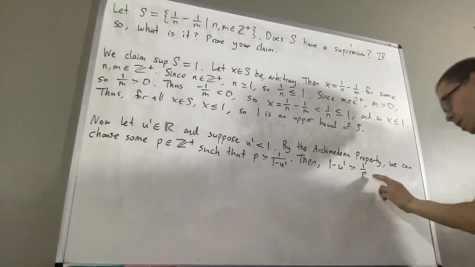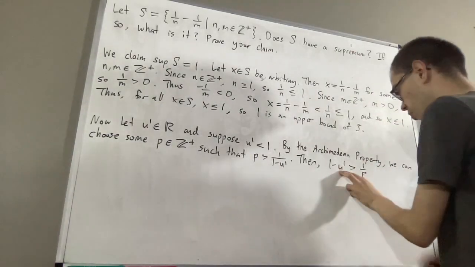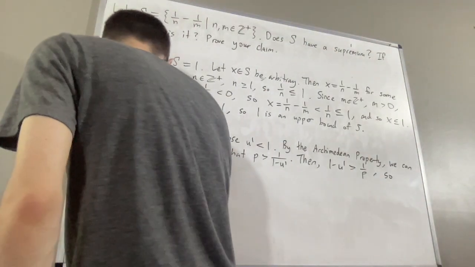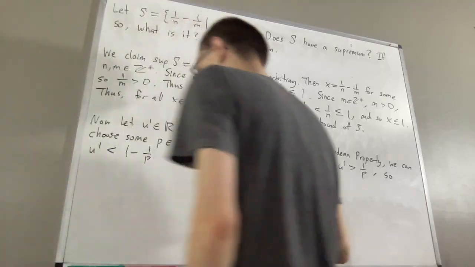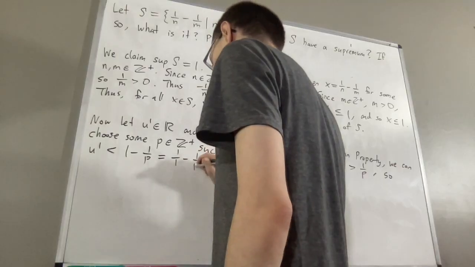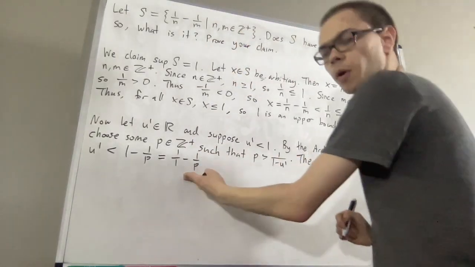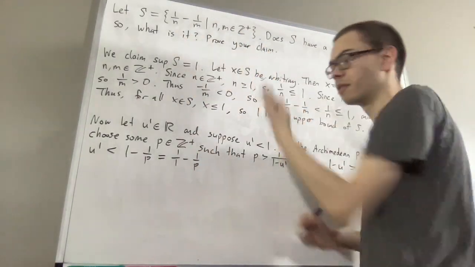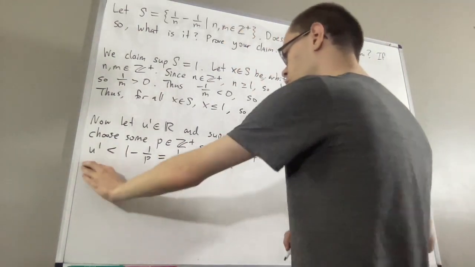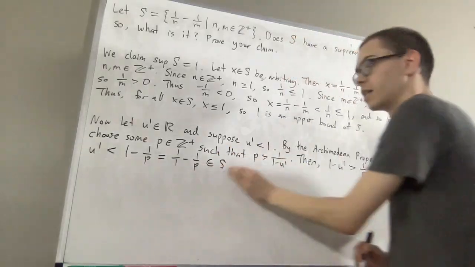So adding u prime to the other side, subtracting 1 over p to the other side, we get u prime is less than 1 minus 1 over p. Right? We note this is the same thing as 1 over 1 minus 1 over p. So it fits the form to be an element of S. So it's an element of S. What we see here is that u prime is strictly less than some element in S.